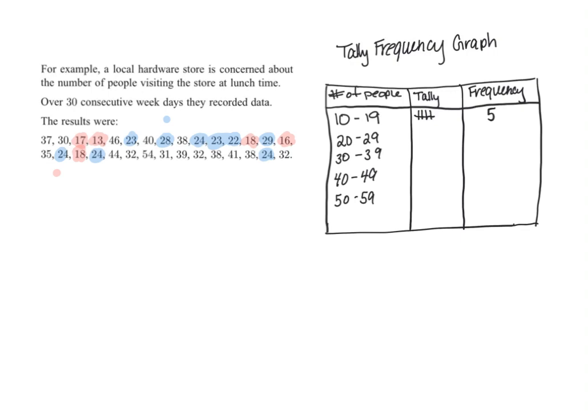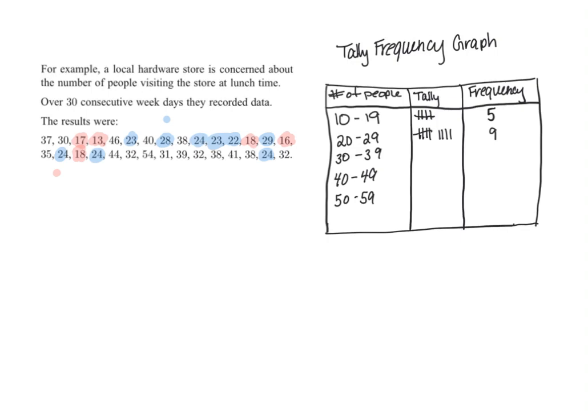Okay, so in this case, there are 9 times where there were between 20 and 29 people visiting the store at lunch. And so we'll say that's 9.